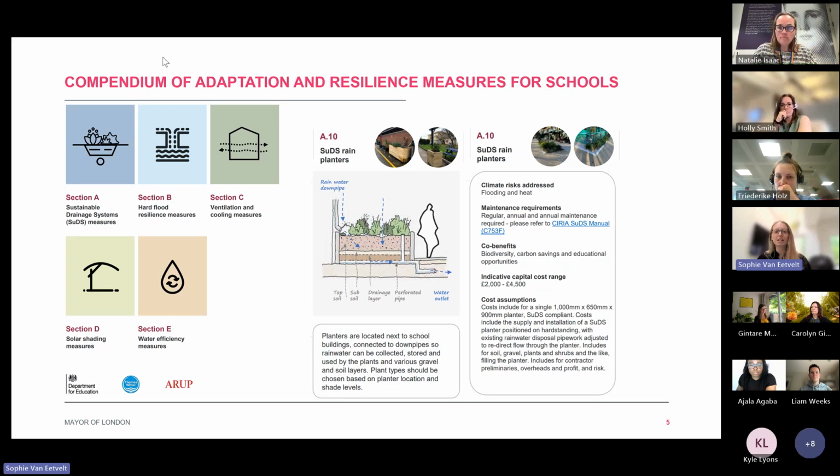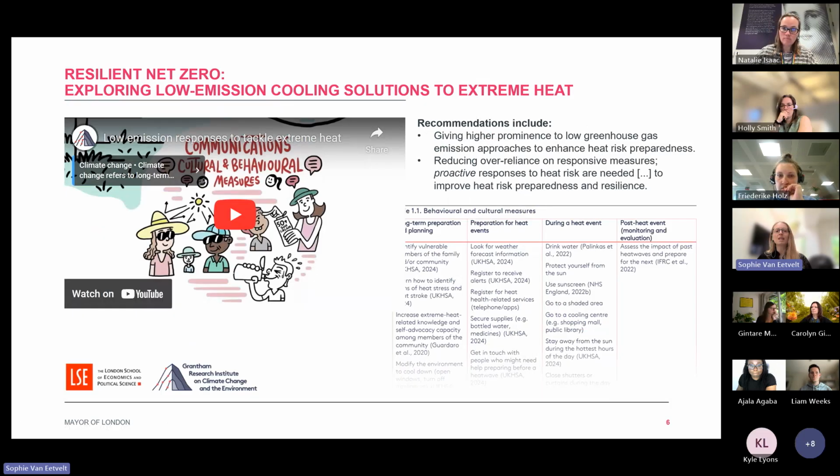So that's the compendium. And then the next one I will show you is a bit of research that's just come out from London School of Economics, their Grantham Research Institute. It's looking at low emission cooling solutions to extreme heat. So I think for me, it was a bit of a penny drop.